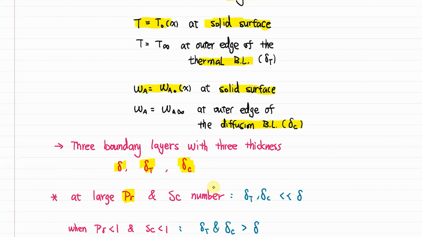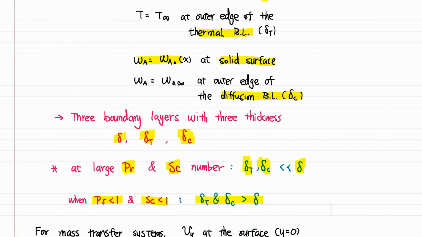If you have a large Schmidt number, that means momentum transfer is going to be slower than the mass transfer. So in those cases, your thermal boundary layer and your diffusion boundary layer would be much smaller than the momentum or velocity boundary layer. If the Prandtl number and Schmidt number are small, then that relation is reversed.